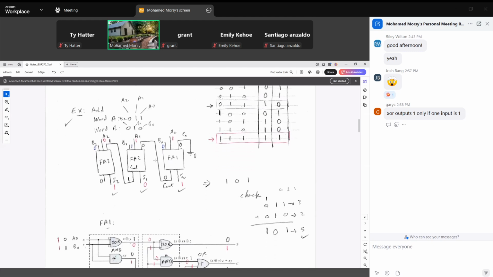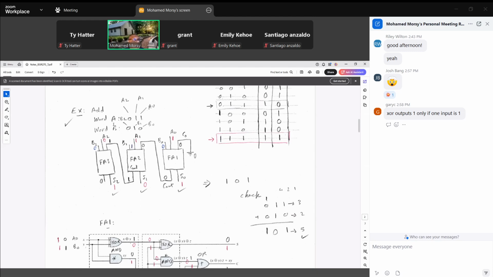Let us see this through this block diagram, how it works. So FA stands for full adder. So we have three full adders, FA1, FA2, FA3, because the words we need to add have 3 bits.